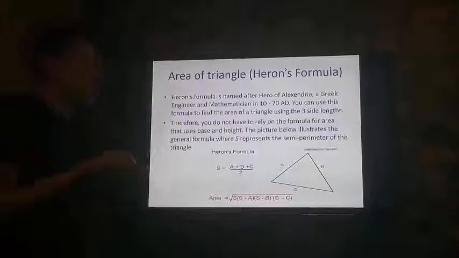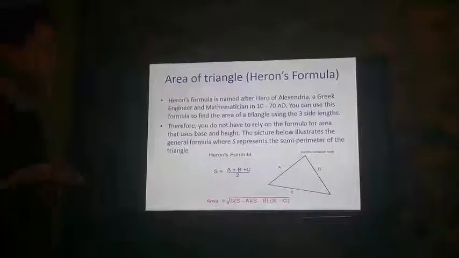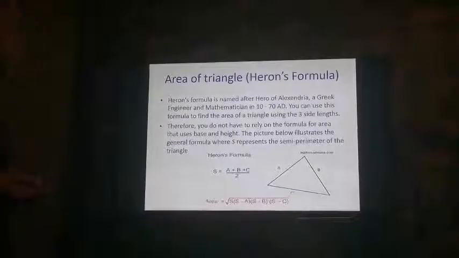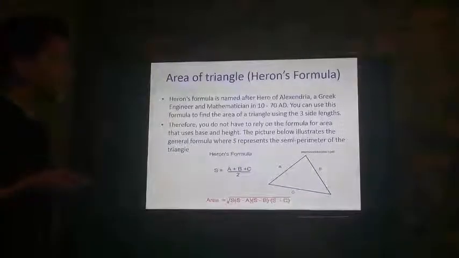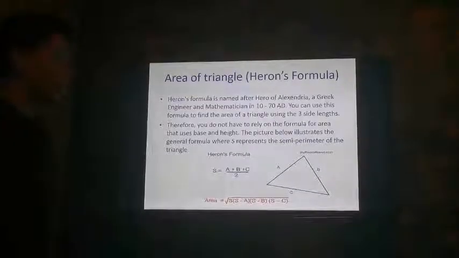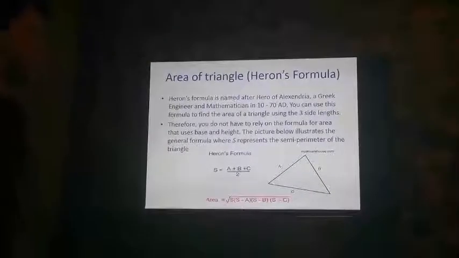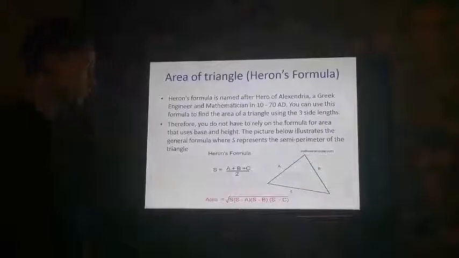We can find the area of a triangle with two more different formulas. First one, Heron's formula. Heron's formula is named after Hero of Alexandria, a Greek engineer and mathematician in 1070 AD. You can use this formula to find the area of a triangle using the 3 side lengths. Therefore, you do not have to rely on the formula for area that uses base and height.